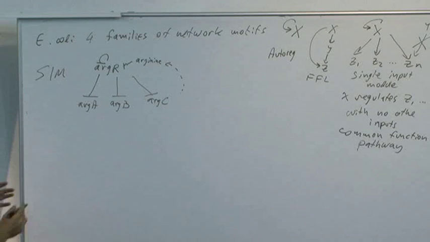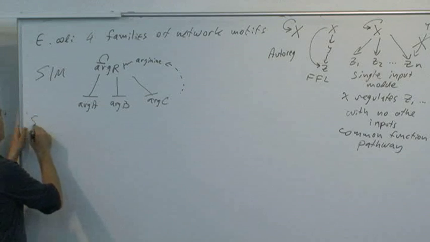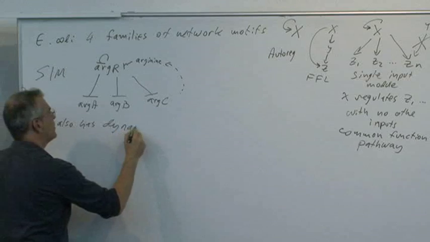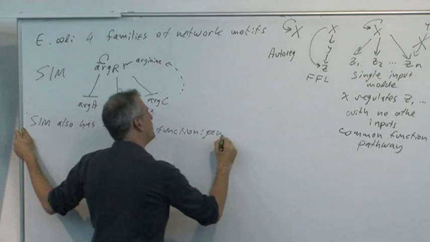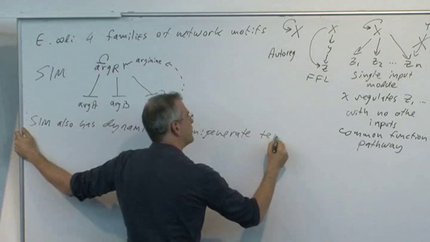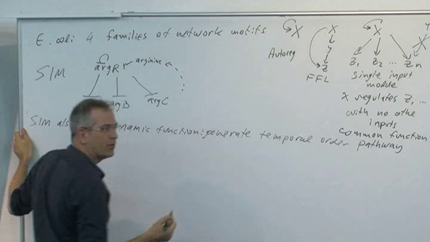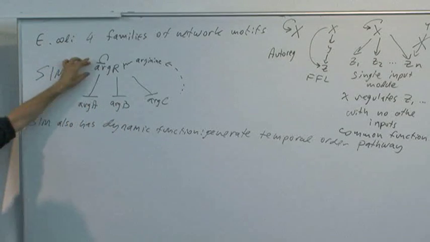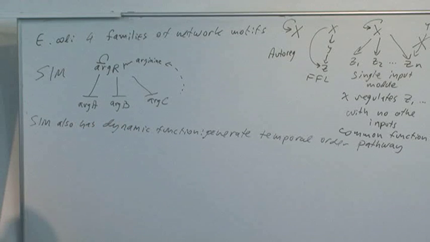But the single input module also has a dynamical function. It can generate temporal order. First gene, second gene, third gene. And how does it do that? So the master transcription factor binds these different genes. It has a binding site in the promoter of each of these genes.